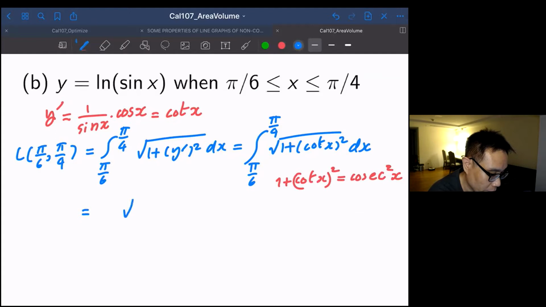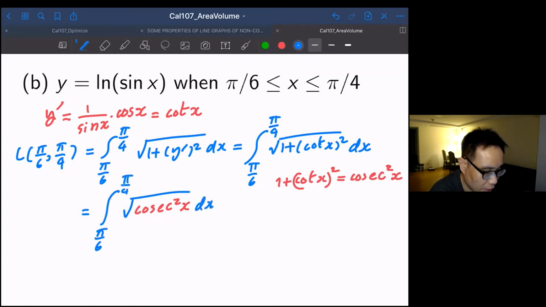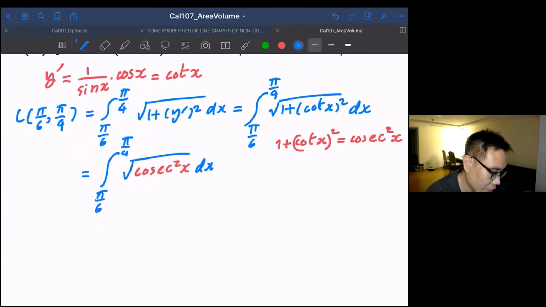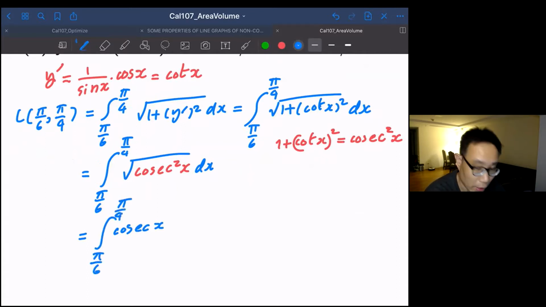So it's going to be the square root of cosec squared x, and you integrate from pi/6 to pi/4 cosec x dx.